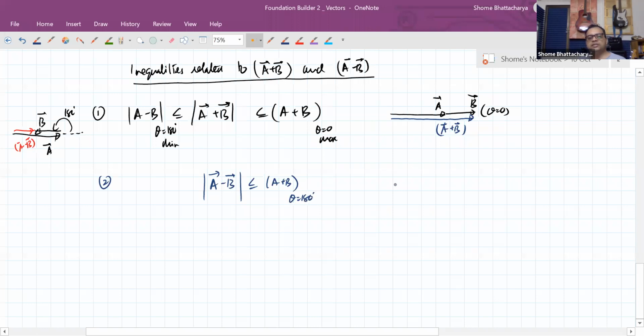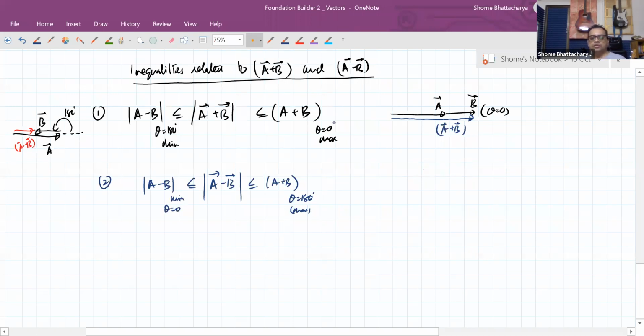Two opposite vectors, now their difference becomes like that. So this is the maximum possible value. This is the minimum possible value, but this occurs when theta is equal to 0.